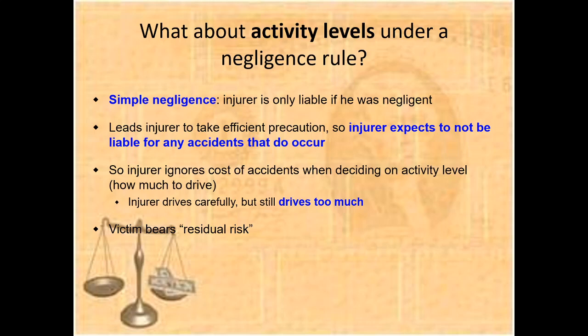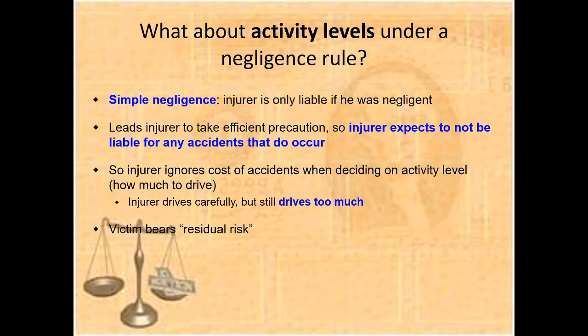Now if you drive carefully, but at the same time you drive too much, then the probability of getting into an accident will increase. Why? Because the level of activity has gone too high. So that will bring up your probability of getting into an accident. Then the victim bears residual risk, as we have already said in the simple negligence rule.